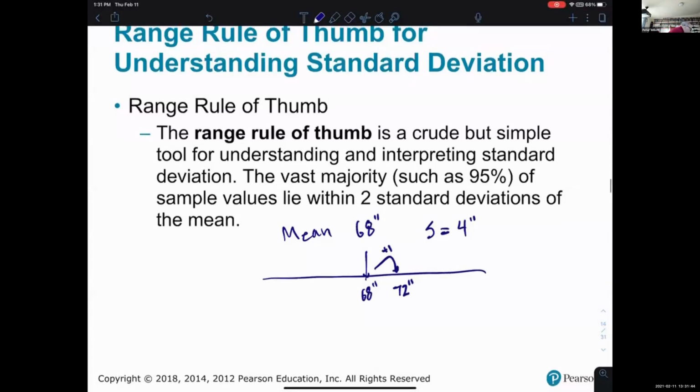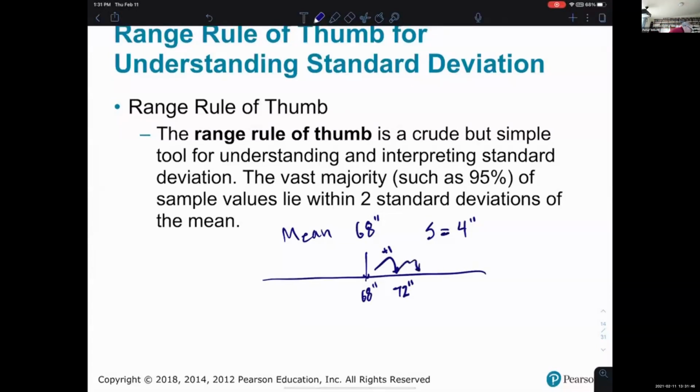If I then go another standard deviation up, plus another standard deviation, then I would get up to 76 inches. So 76 inches is two standard deviations above the mean. 4 inches once, 4 inches twice, total of 8 inches above the mean.